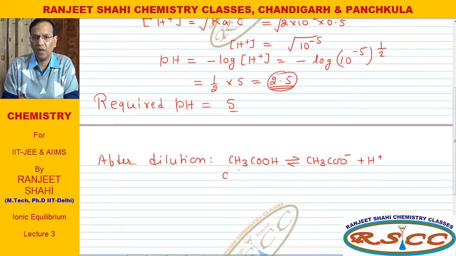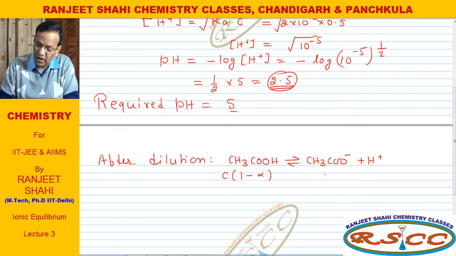That means after dilution, if we consider no ionization of acetic acid, C would be the concentration of acetic acid. Now if alpha is the degree of ionization, it will be written as C into 1 minus alpha. On the other side it will be C alpha, C alpha.